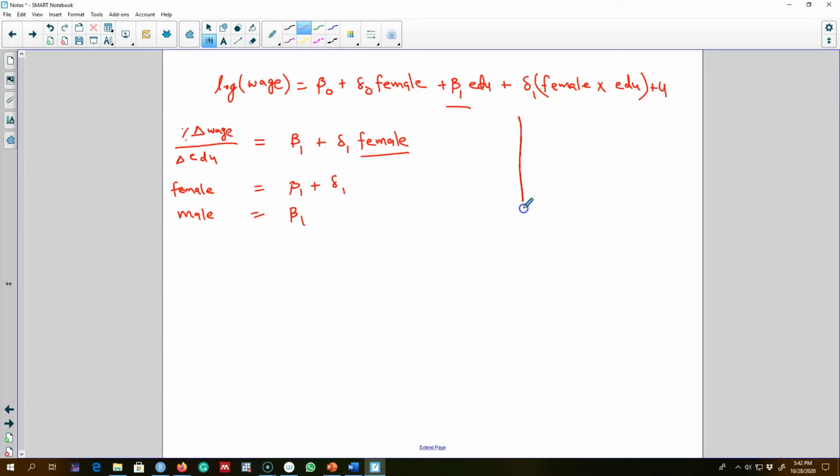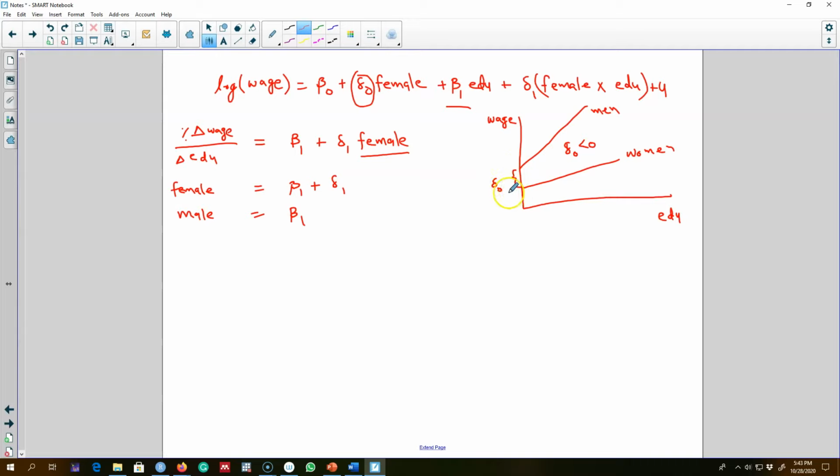We can represent different types of relationships using beta 1 and delta 1 as an example, and I'm going to show you two of those. For example, we already know that this is the line for men. This is the intercept. We already know that the intercept differs across men and female, which is shown by this delta 0. What we are saying here is that delta 0 is negative, right? So this difference is delta 0.